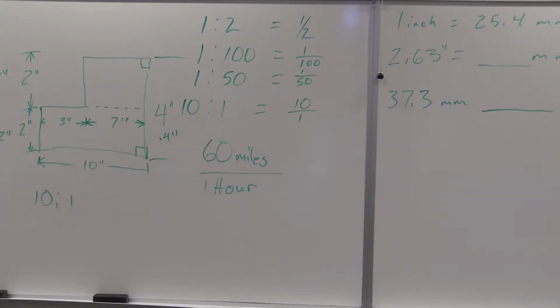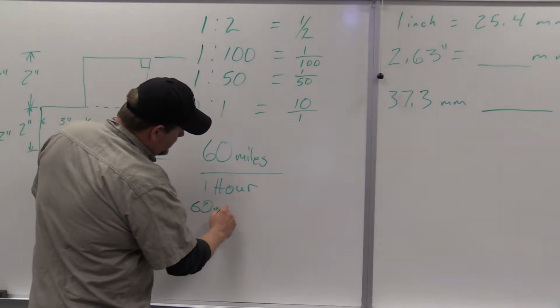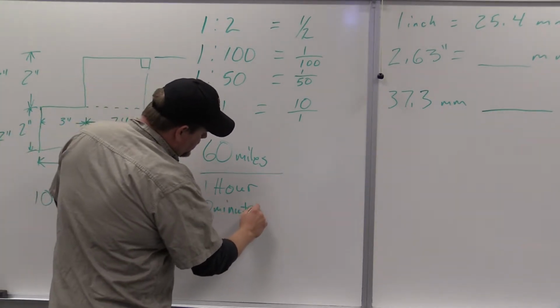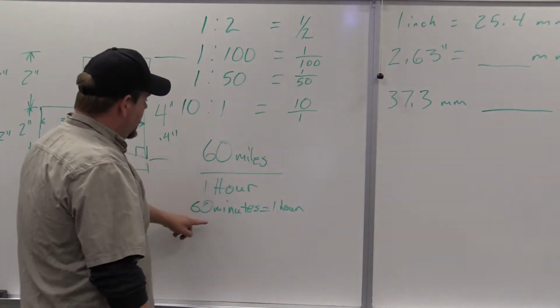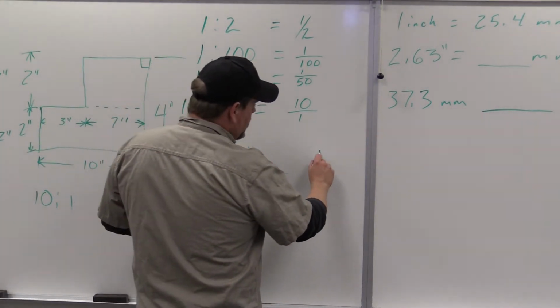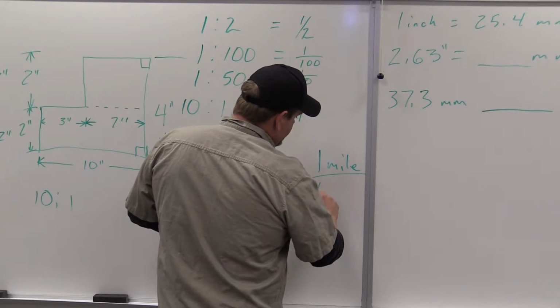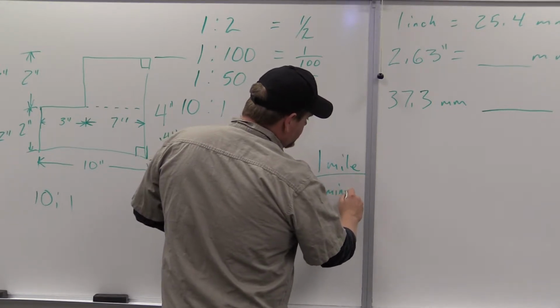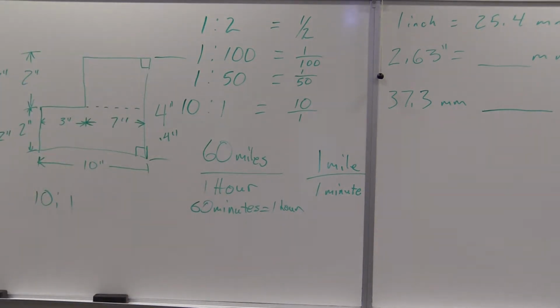So real quick, we know, how many minutes are in an hour? 60 minutes, 1 hour. Well, if we have 60 minutes and 60 miles, 1 hour, we now know that we are going 1 mile per 1 minute. Okay? That's what we call a proportion.